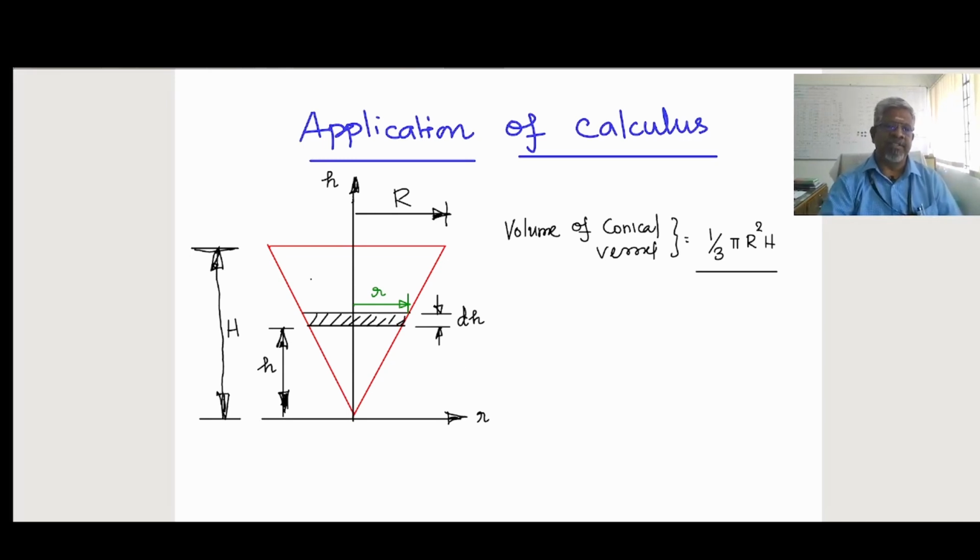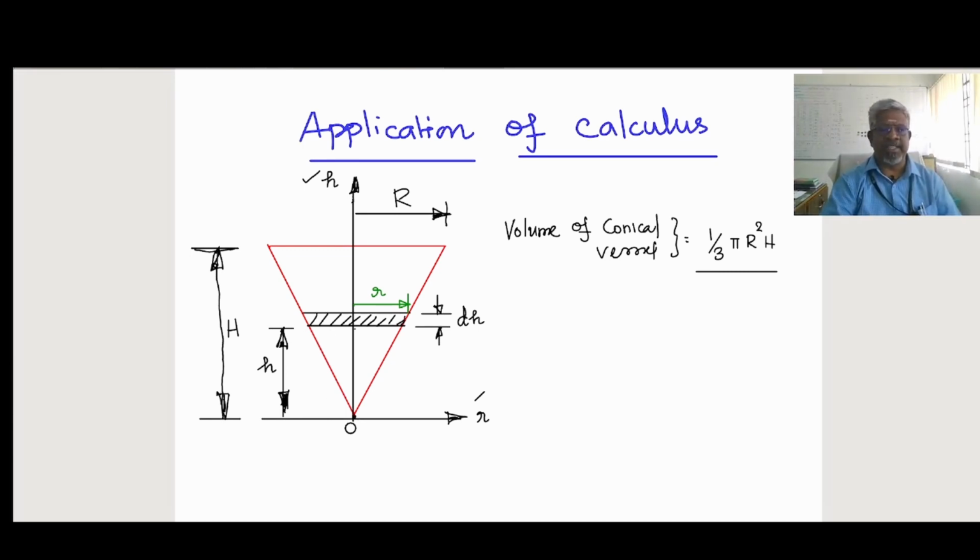Say this vessel is kept in this particular orientation. I've taken this as the radial direction axis and this as the height direction axis h. I kept the vessel upside down, so the apex is at the bottom, and from here I have taken height h.